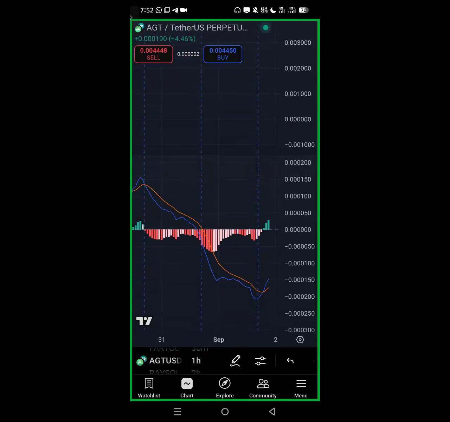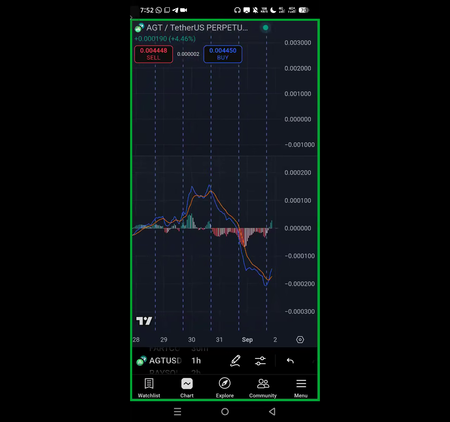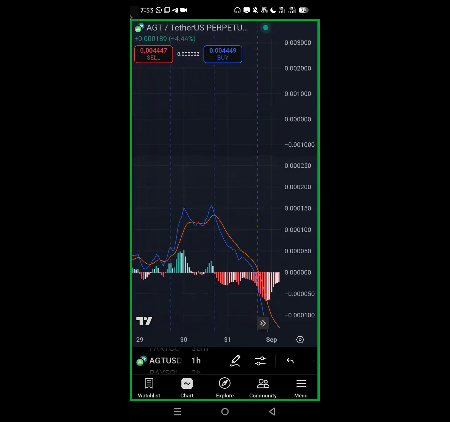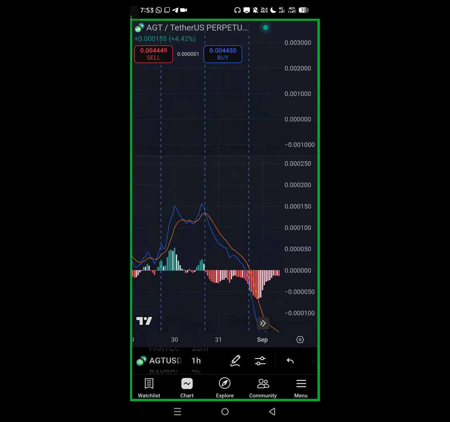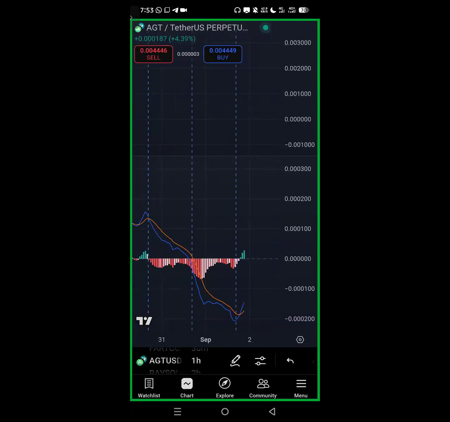So when you check on the MACD, as I said yesterday, all these indicators you can go ahead and customize, but you can also use them in the default setting. The customization will depend on what you want it to show or bring out in the market. Now, the MACD, basically, this is how it looks.